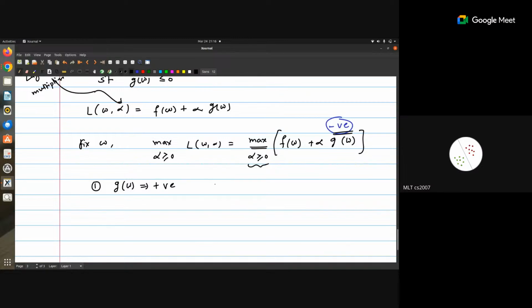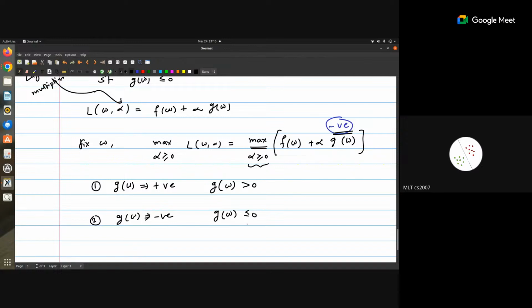So there are two cases. When g of w is positive, we write it in mathematical terms like this: greater than 0. And the second case is g of w less than or equal to 0, negative or 0, right? Somewhere we have to write it, because it should be a continuous function.